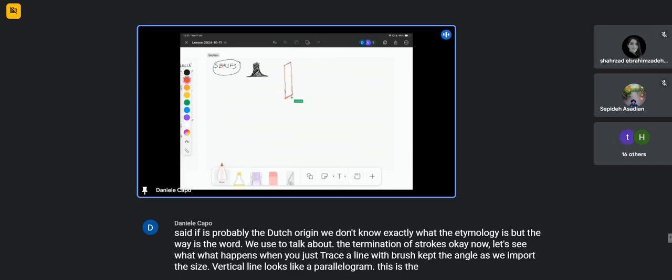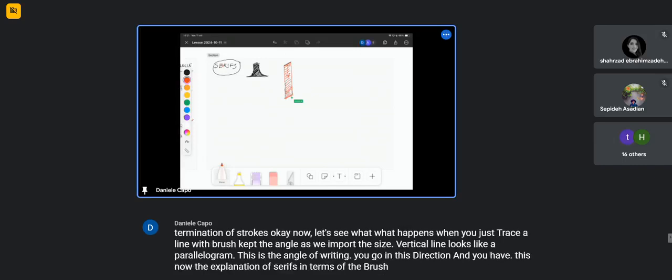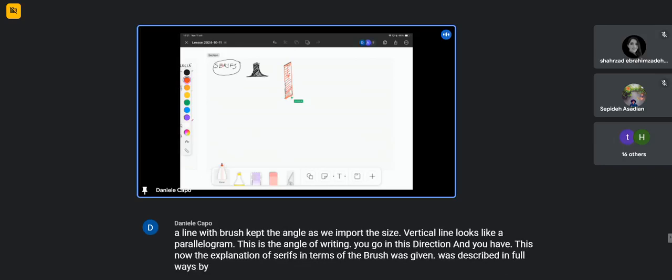This is the angle of writing. You go in this direction, and you have this line.